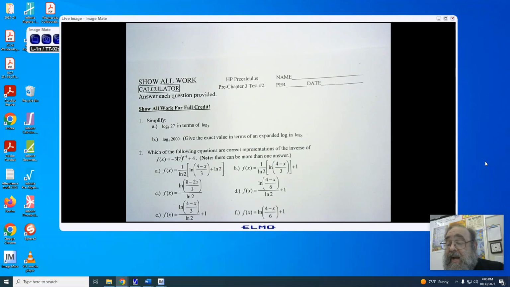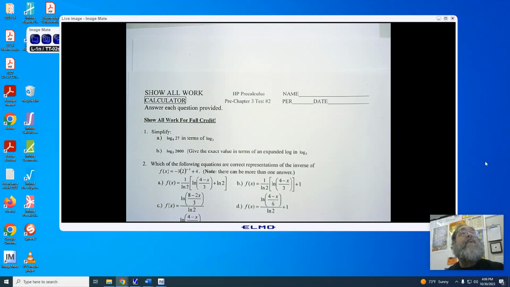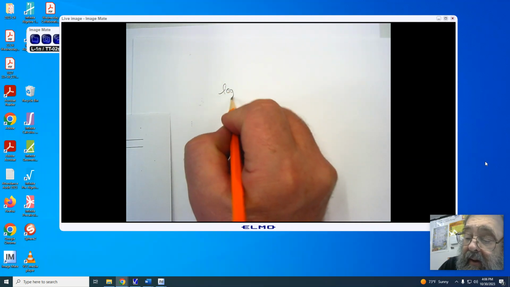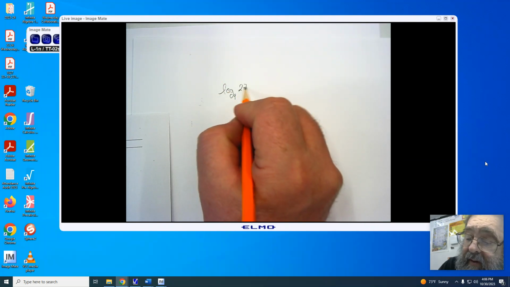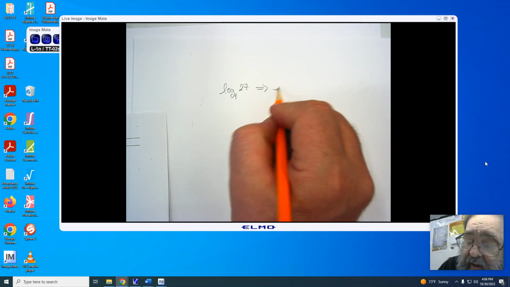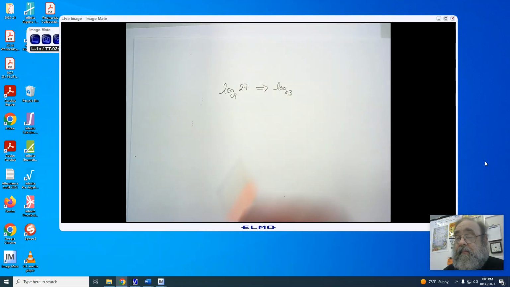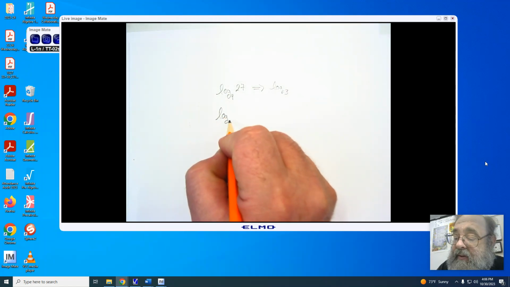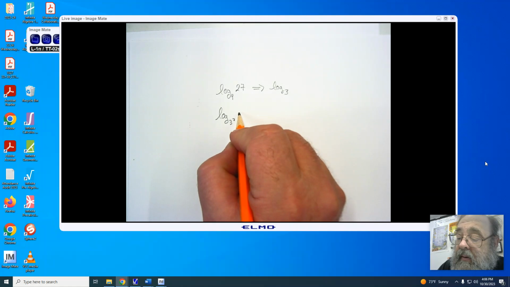So the first question asks us to simplify, and we have log base 9 of 27, and we are being asked to convert it into log base 3. So what we need to do is change our base. The first thing I'm going to do is look at this as 3 squared.